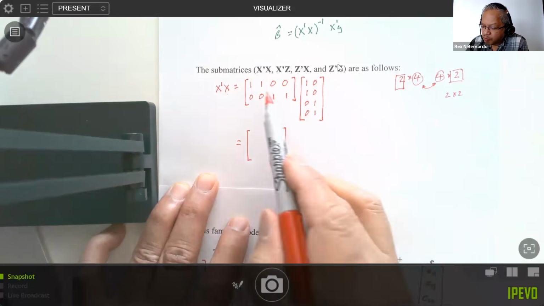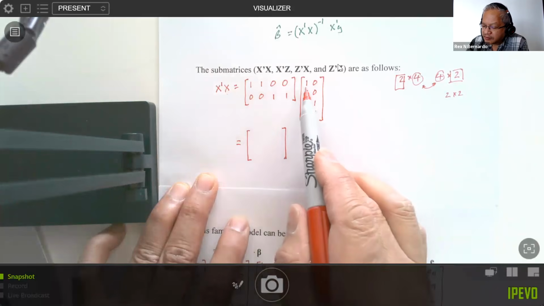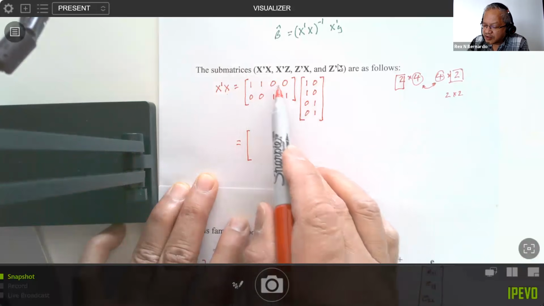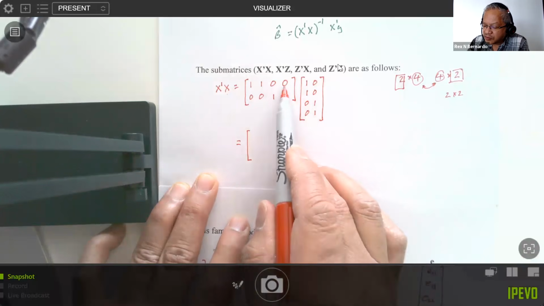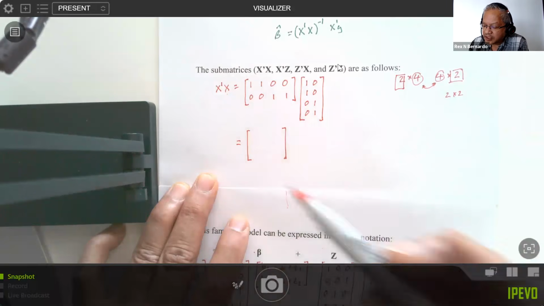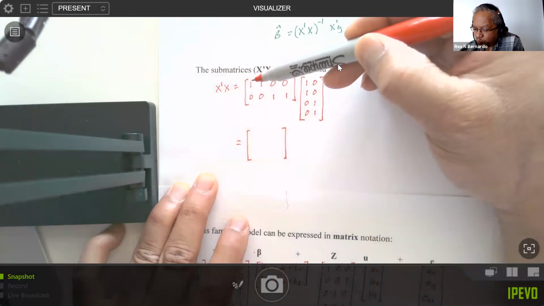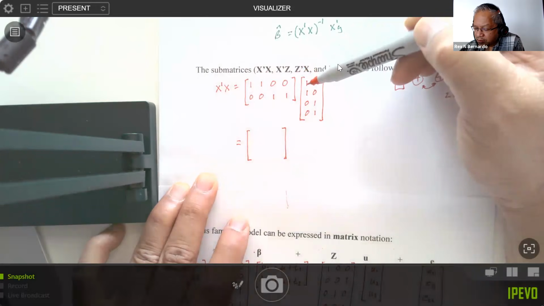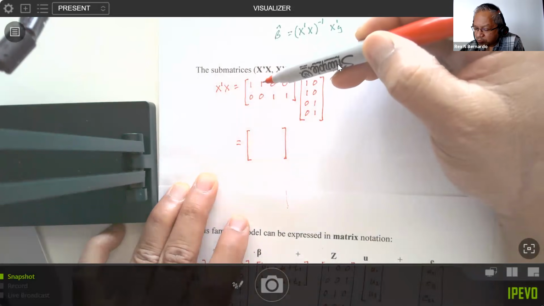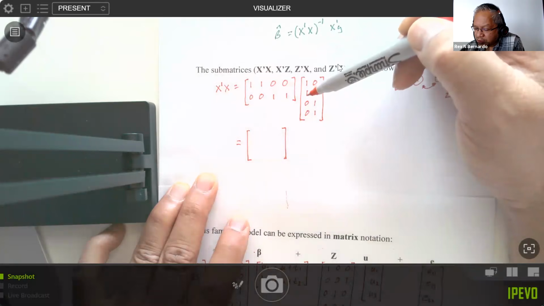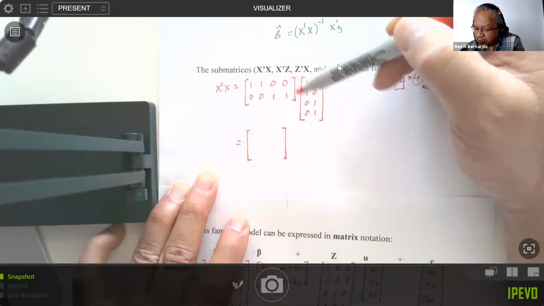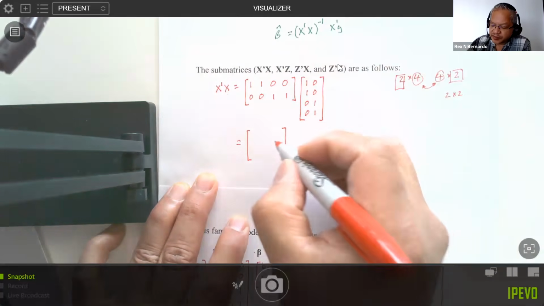In other words, it'll be 1 times 1 plus 1 times 1 plus 0 times 0 plus 0 times 0. Let me say that again. I'm taking this element 1, then I multiply it by 1, plus 1 multiplied by 1 going down, plus 0 multiplied by 0, and 0 multiplied by 0, and that gives me 2.